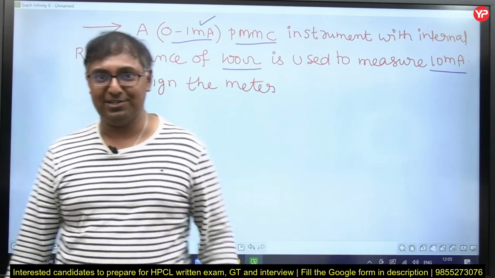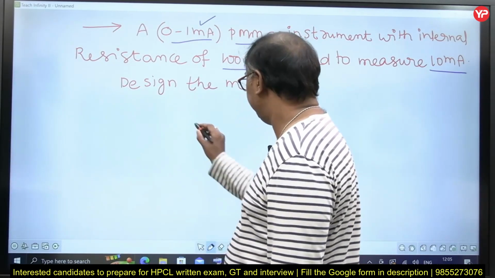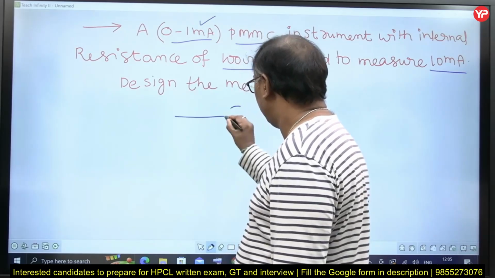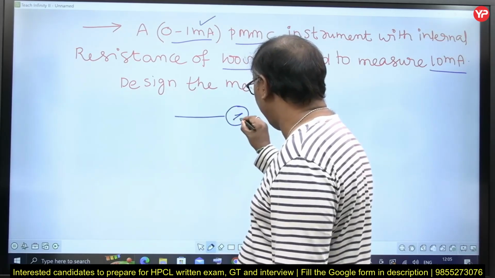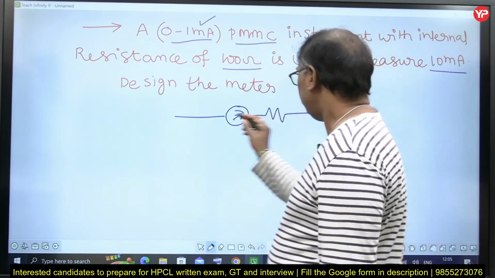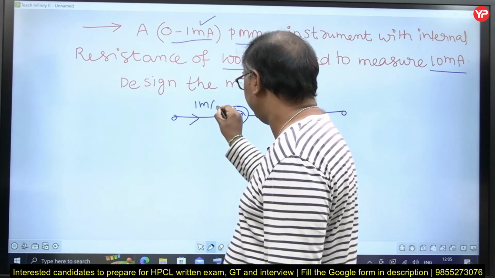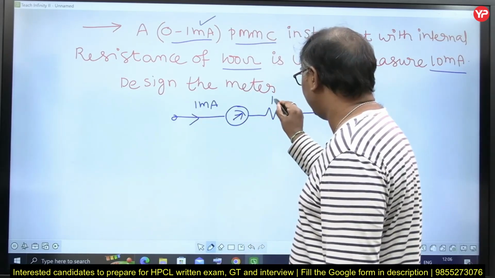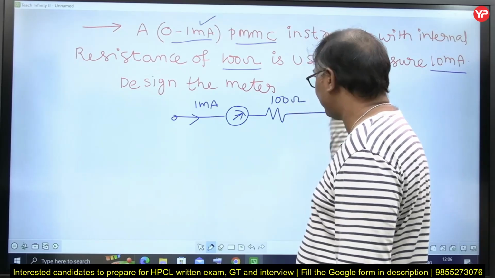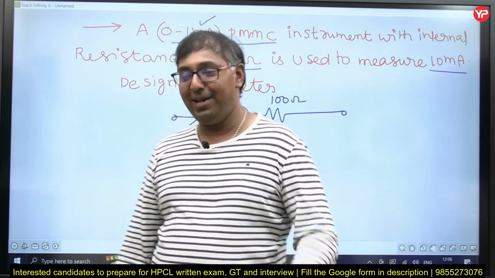Now let us analyze this. One milliampere range with internal resistance of 100 ohms. Now I want to extend to what range? 10 milliamperes.